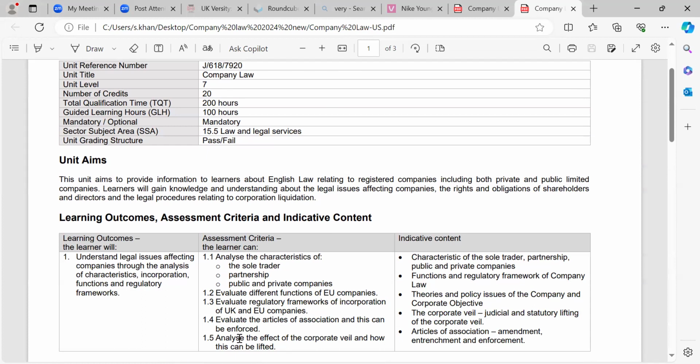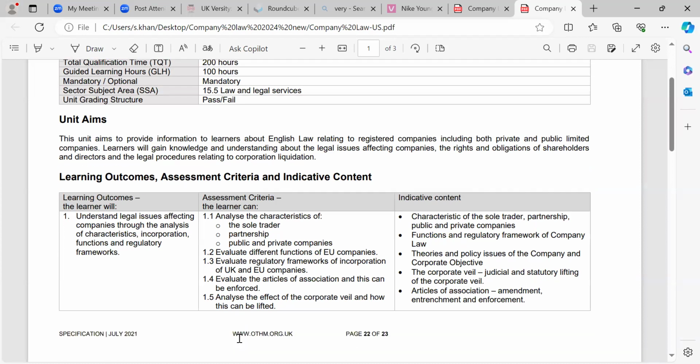And we went into learning outcome 1, which was the indicative content, to look at characteristics of the sole trader, partnership, public and private companies, to look at the functions and regulatory framework of company law, to look at theory and policies and issues of company law and corporate objectives, to look at the corporate veil, judicial and statutory lifting of the corporate veil, and also to look at articles of association in regards to this.